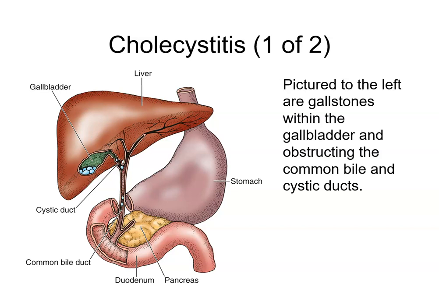Again, if that gallbladder perforates or ruptures, what does that mean for your patient? Peritonitis, an overwhelming infection.